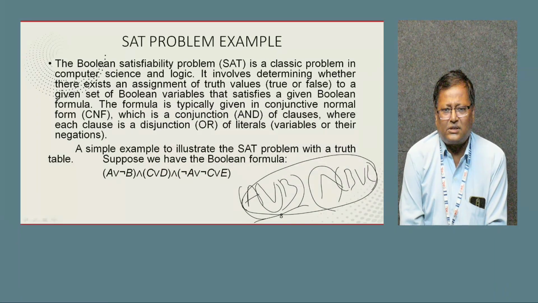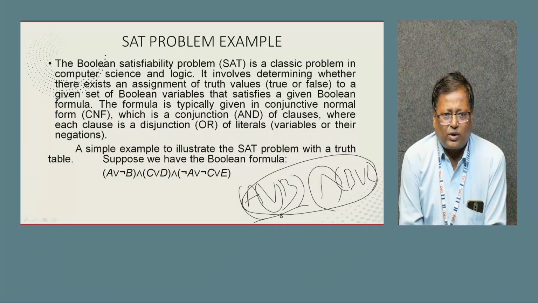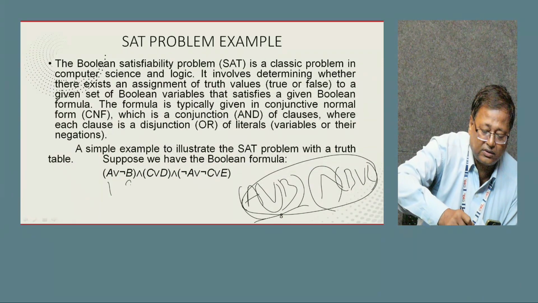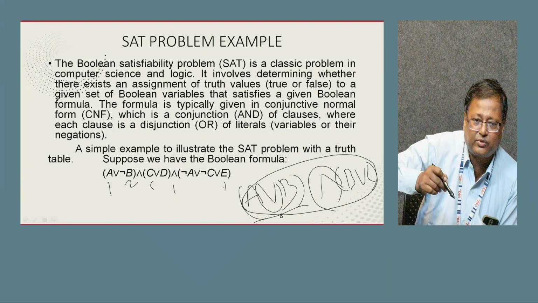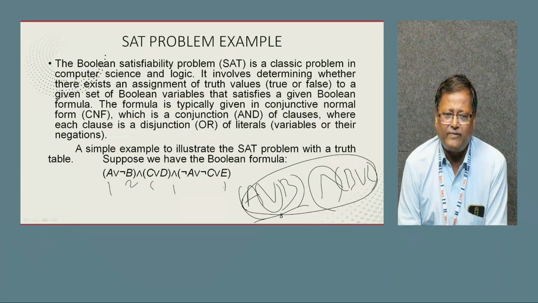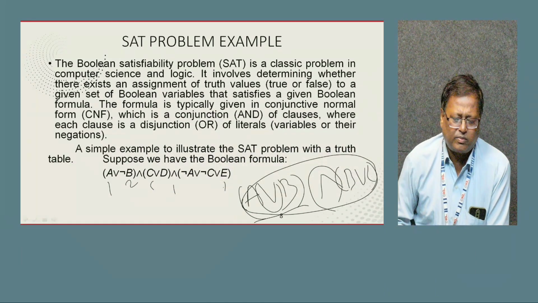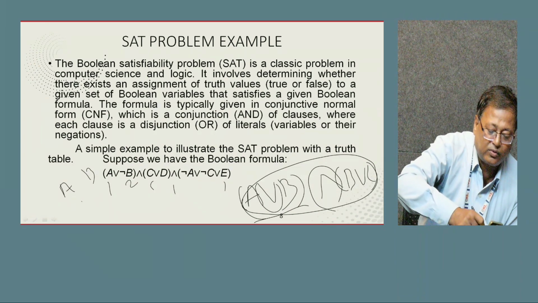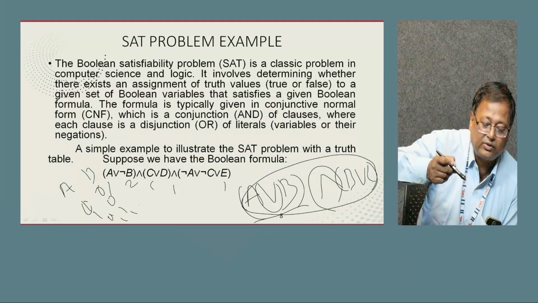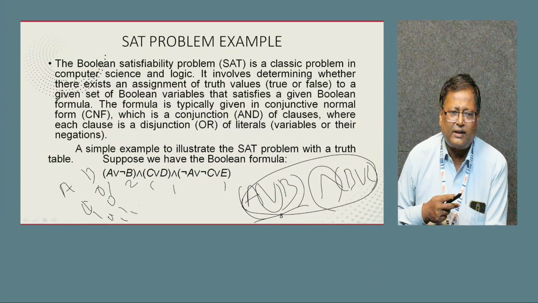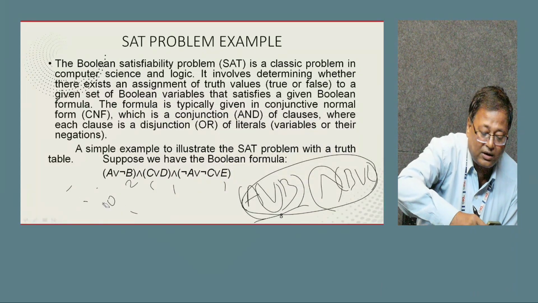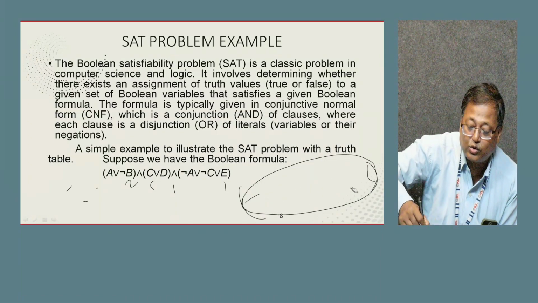Let me illustrate the SAT problem with a truth table. Suppose we have a Boolean formula with 5 literals A, B, C, D and so on. There are 2 to the power 5, that is 32 combinations. Suppose there are 2 literals A and B, we can give 4 values: 1 0, 0 0, 0 1, 1 1. Similarly, if there are 5 literals, we can give 32 values. Satisfiability means we look for the truth value.